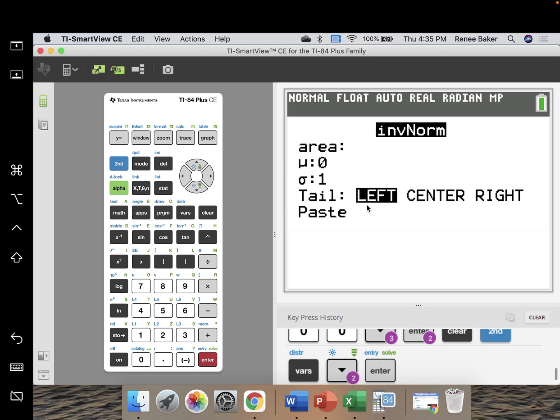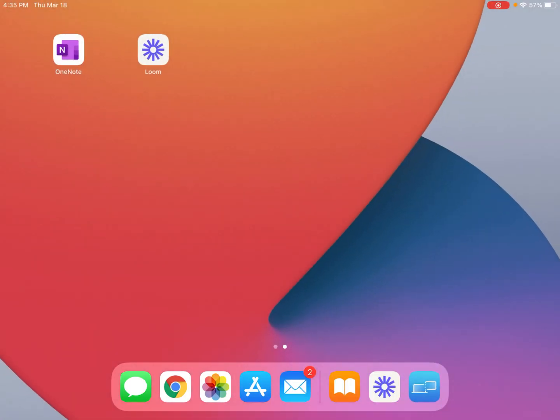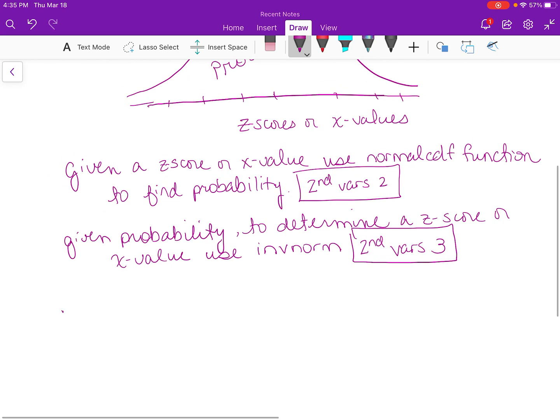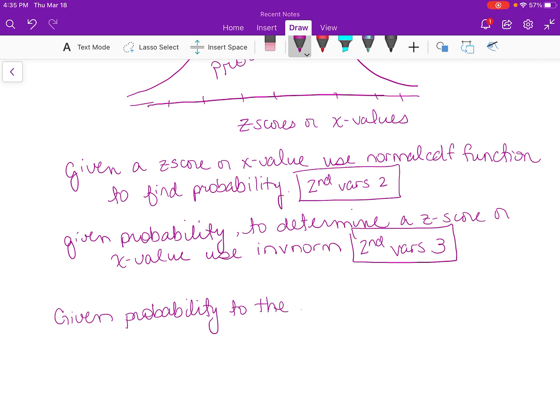So if you do have a newer calculator and when you hit second vars 3, if this is what your screen looks like, then make sure the tail is black on where it says left. Because the instructions that I'm going to give you, you're always going to be dealing with given probability to the left of a value.